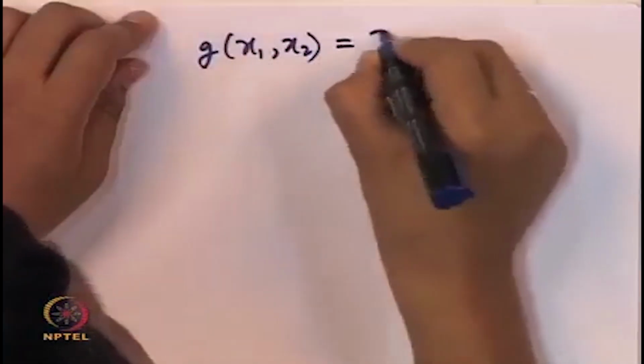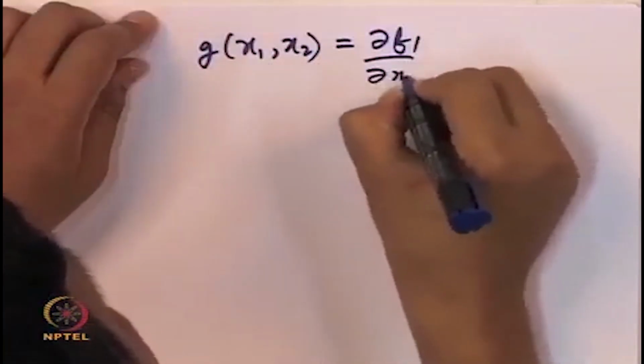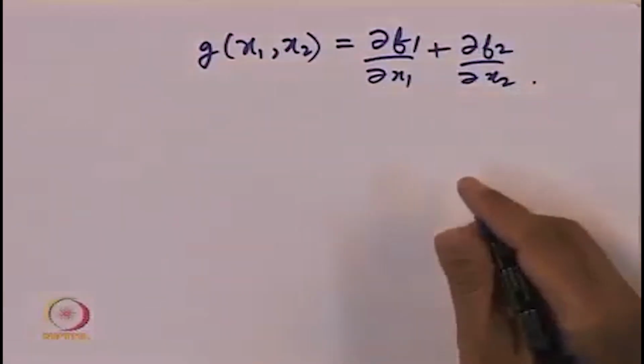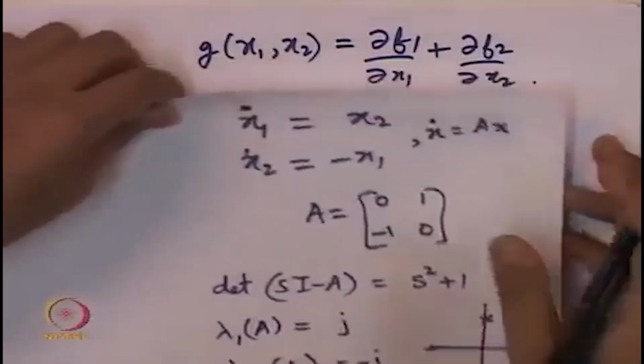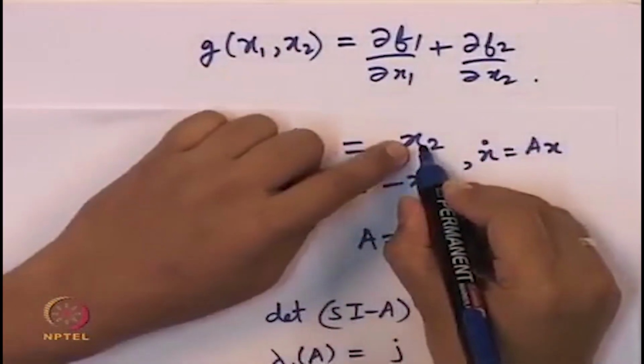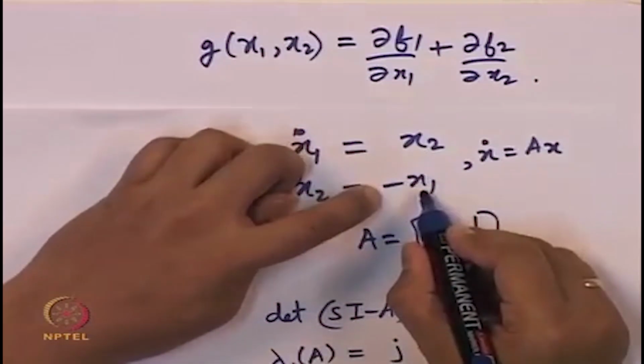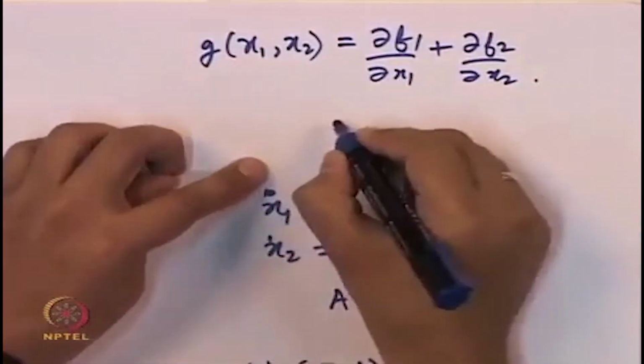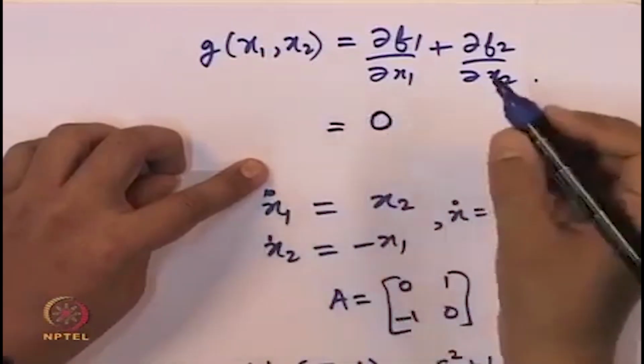So let us see what happens to the Bendixson criteria. What is our G, which we have defined as del F1 by del X1 plus del F2 by del X2. For this particular case, this is our F1 and this is F2. The derivative of F1 with respect to X1 is equal to 0.